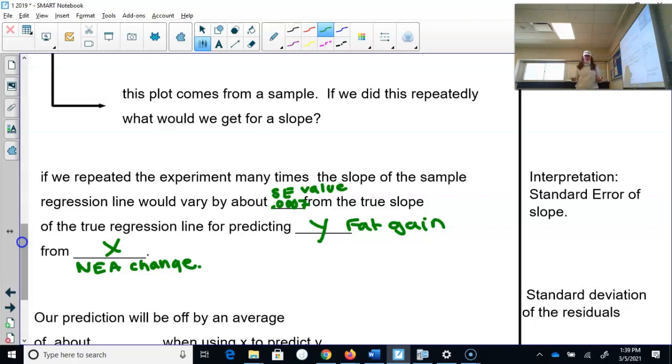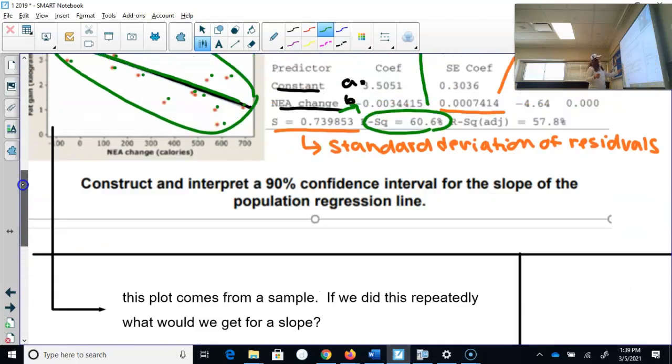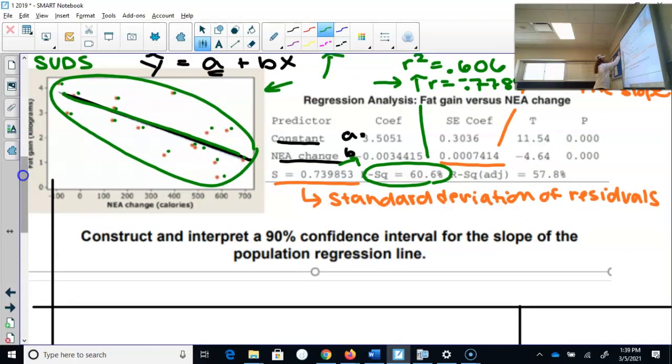So that's how we would do this in context. Again, interpreting that standard error of the slope. Because here's the deal, you guys. This slope right here, this came from a sample. If we did this again with 16 different people, I think that was our sample size, or whatever the sample size is, it doesn't really matter. If we did it again with that same sample size that we had, would we get the same slope?